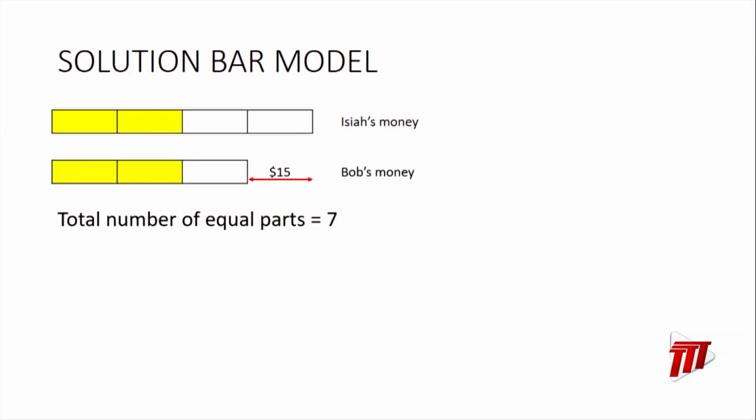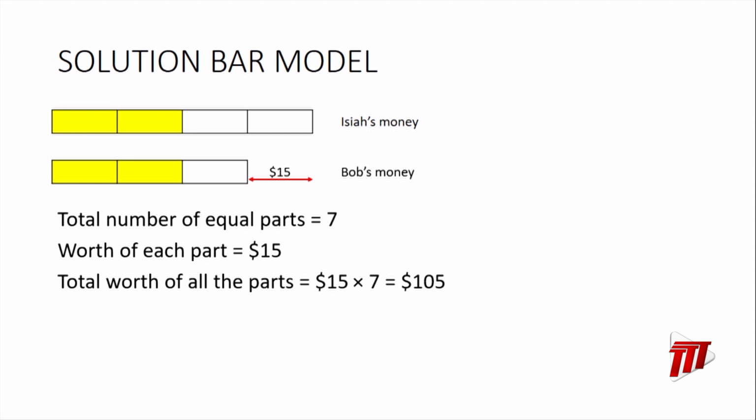This 15 is equivalent to 1 of your parts. Each part is worth $15. So the total amount of money that they have all together will be 15 multiplied by 7, which is $105. So what we've done is a diagrammatic representation of the problem, and we come up with an answer of $105.